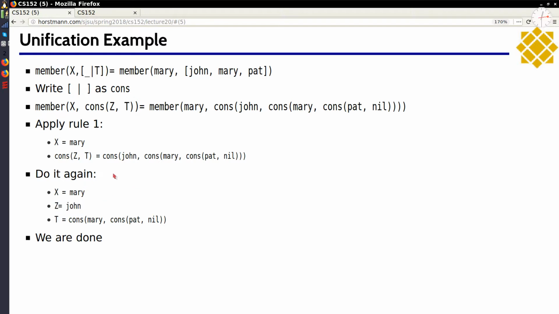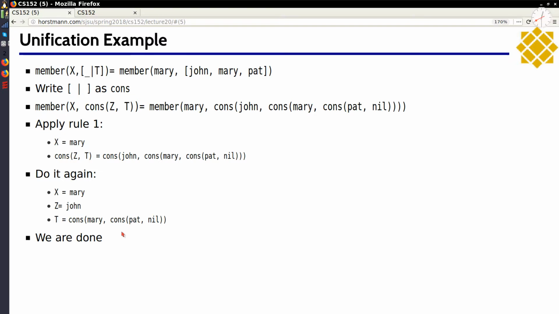The second equation is t equals cons Mary, cons Pat. That's what we have here. And now we're done. We can't do anything more with these. And look what we found. We found a solution for x, y, and t, I'm sorry, so that the left-hand and the right-hand side are the same. That's exactly what we wanted.